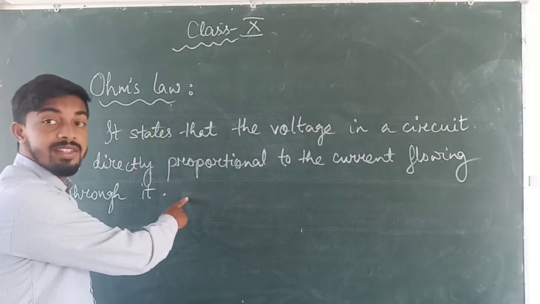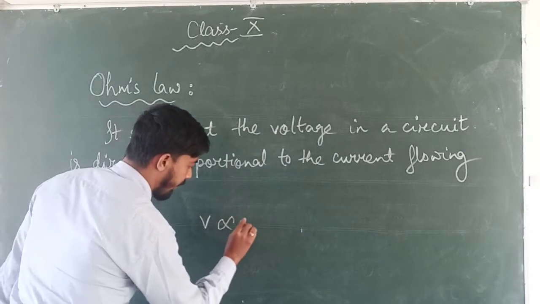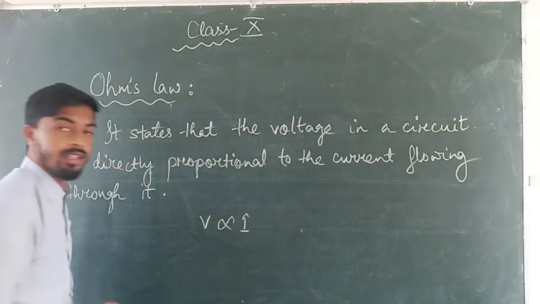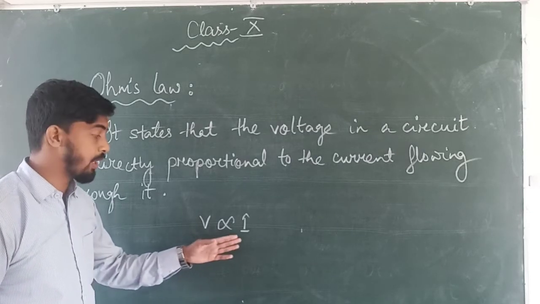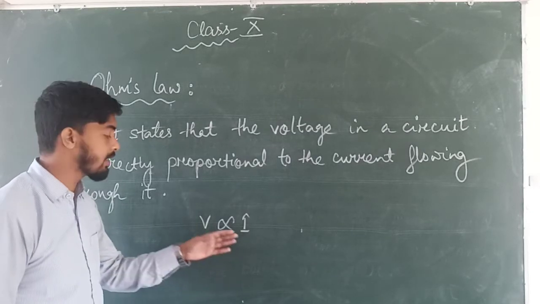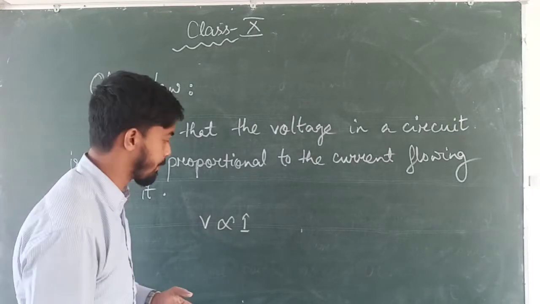Using this statement, we get V directly proportional to I. V is proportional to I. That means if V increases, the value of I, that is current, will also increase. If V decreases, the value of current will also decrease.